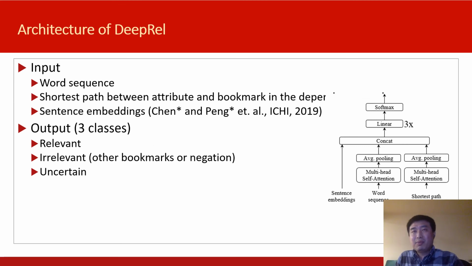There are many deep learning-based or other machine learning-based methods that can do relation extraction or relation classification. Here, I just want to emphasize that for this problem, the input is a sentence with the attribute and the bookmark annotated, and the output is a 3-class label: relevant, irrelevant, or uncertain relation between the attributes and the bookmark.